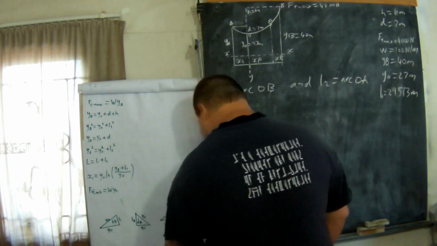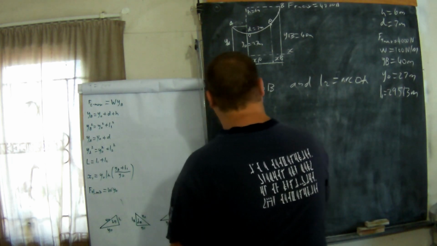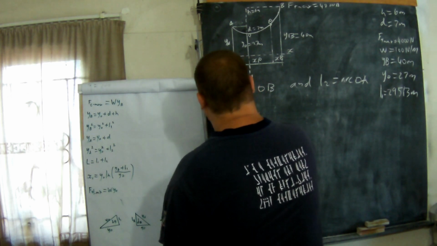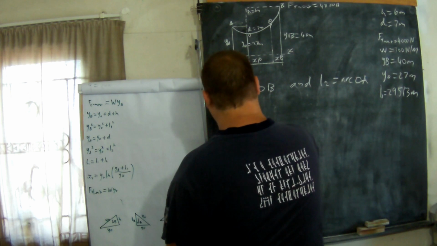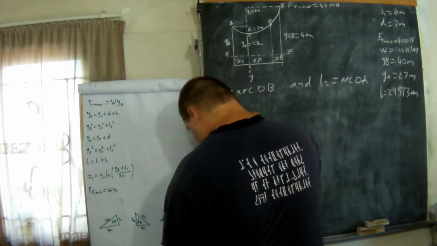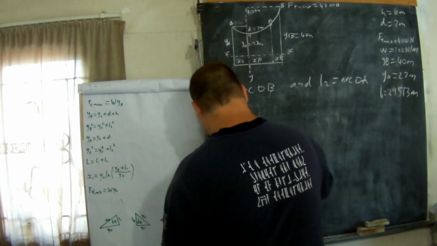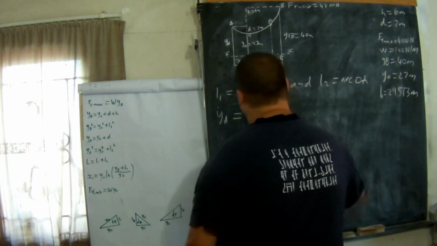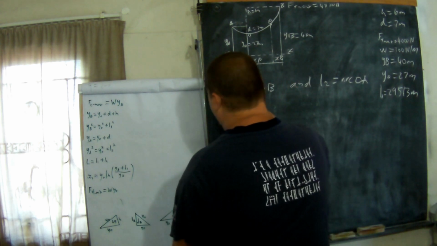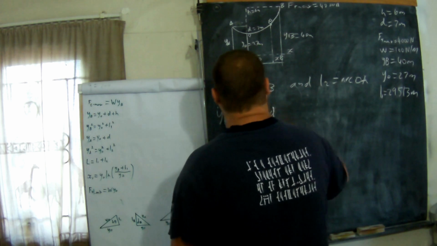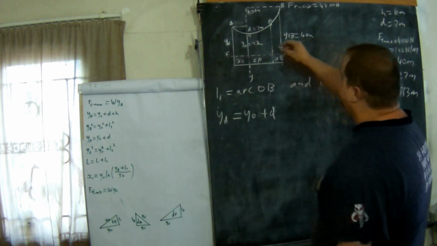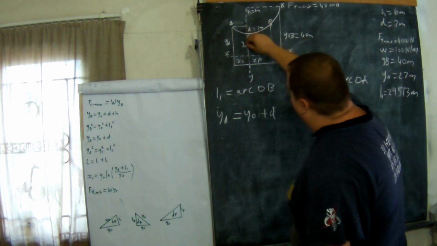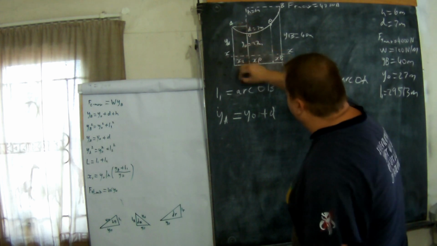Now we need to get L2. So YA squared is equal to YO plus D, which is accurate because to get from A to YO, YA is the whole length.